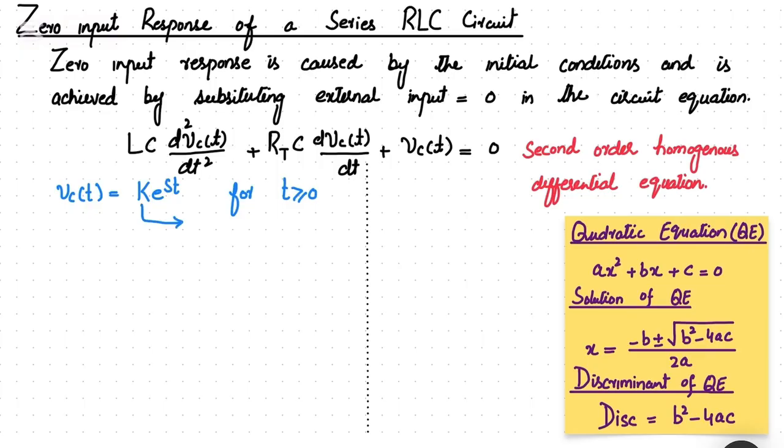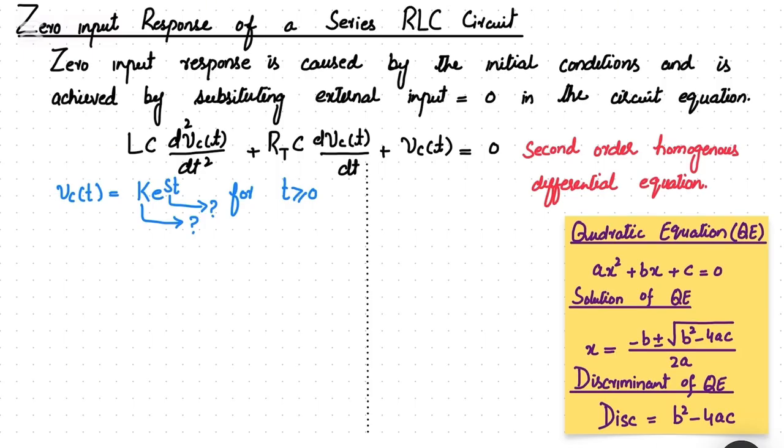Because this is the general solution, k is unknown and s is unknown. We need to calculate the values of k and s so that we know the exact solution of the given homogeneous differential equation. In order to calculate the values of k and s, we can substitute this general solution into this homogeneous differential equation over here.